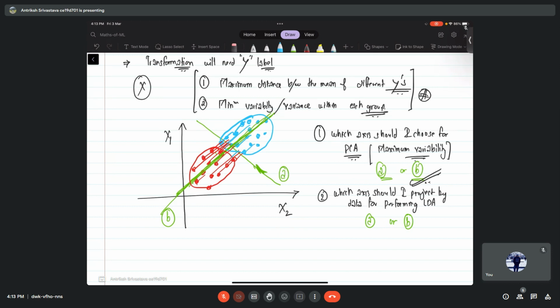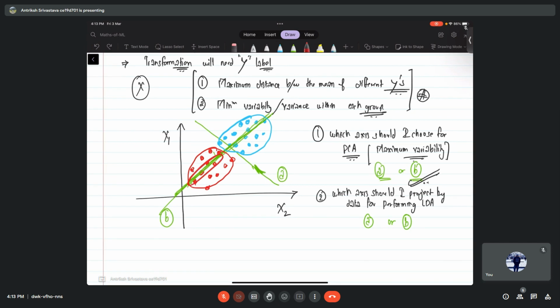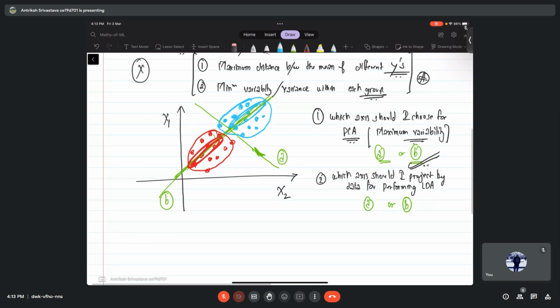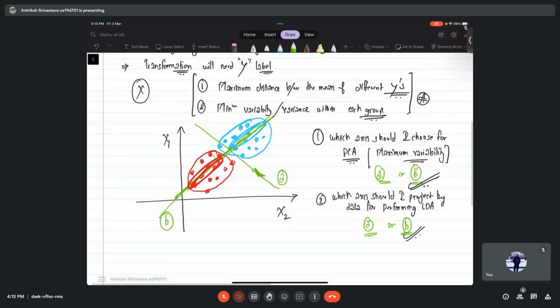Whereas if you take the projection on B, then you will have reds along this line and blue along this line, and you can do classification easily. So for this also the answer is B. If you are trying to use the logic that B has already been chosen, so B cannot be correct again, that is a bad idea.